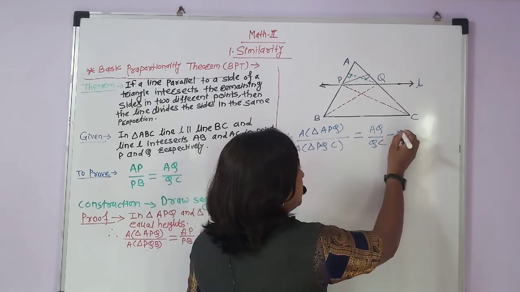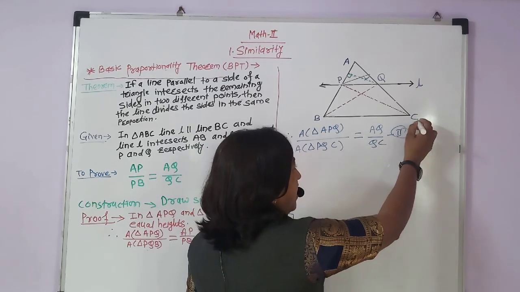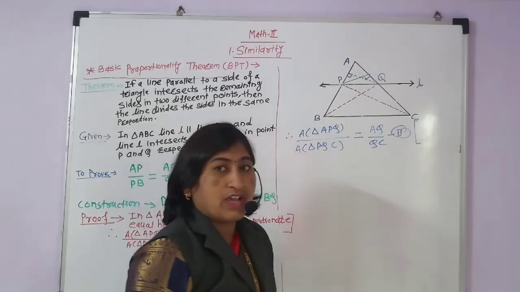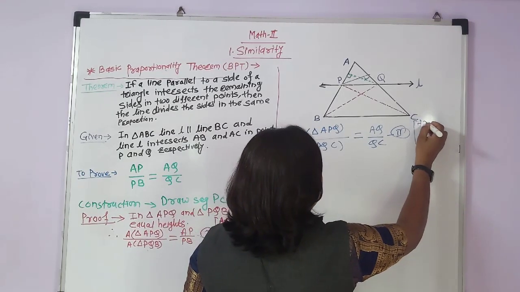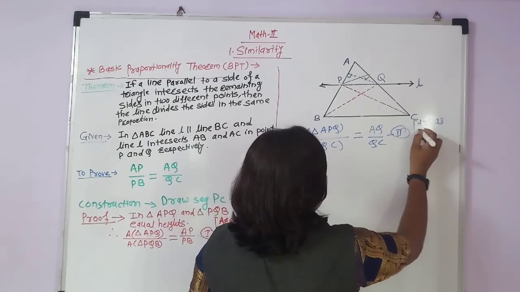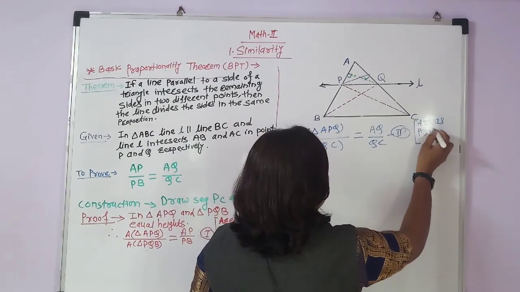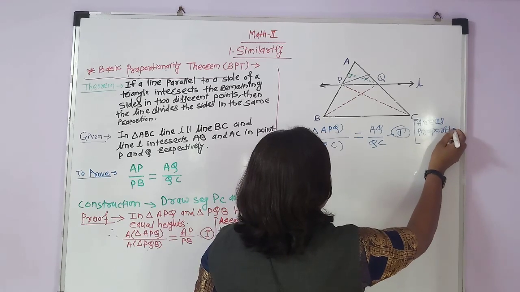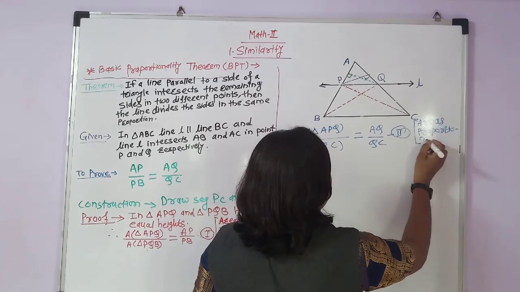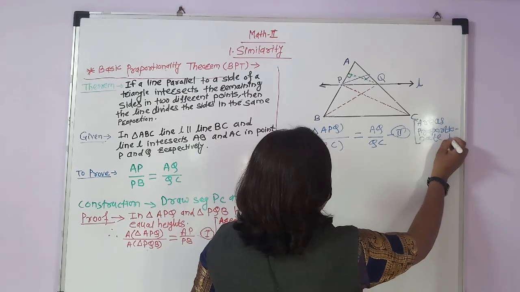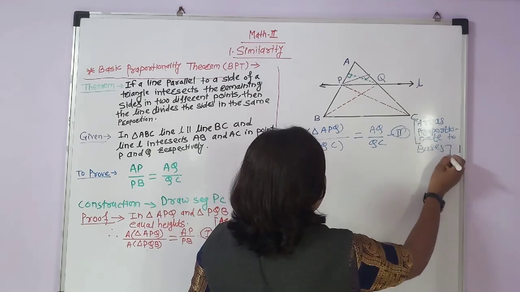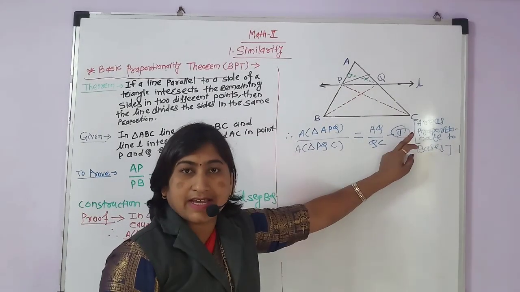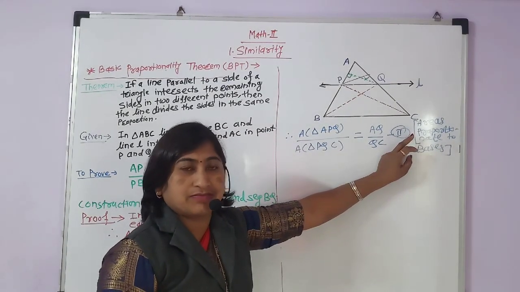This is our equation number 2, and the same reason applies here: areas are proportionate to bases. This is our second equation.